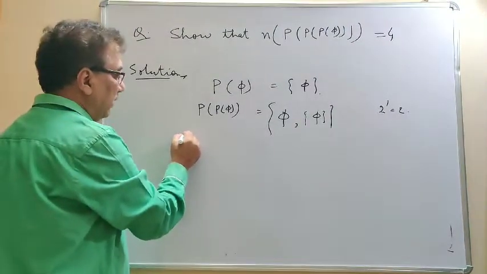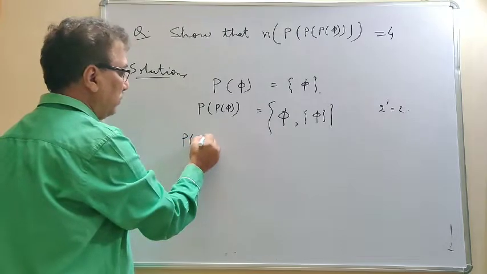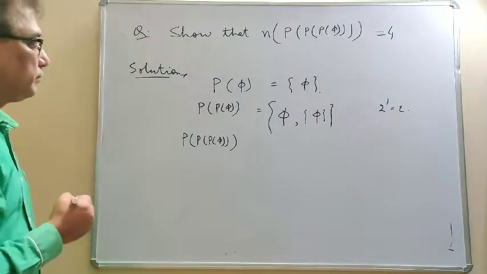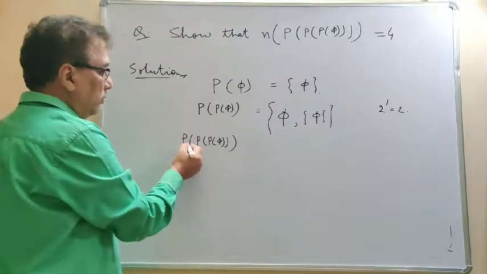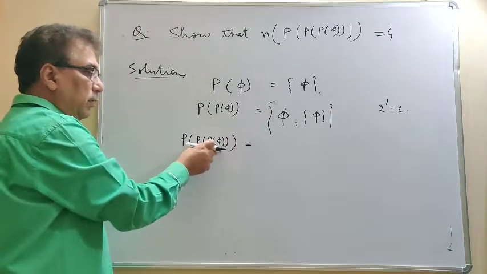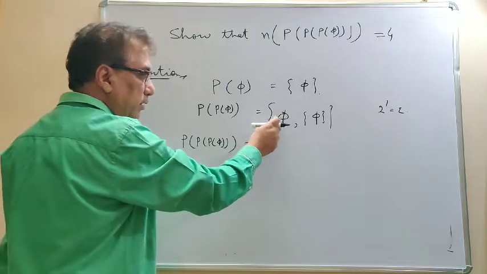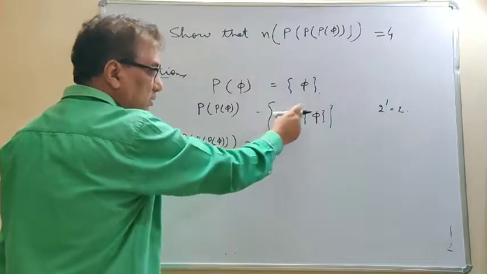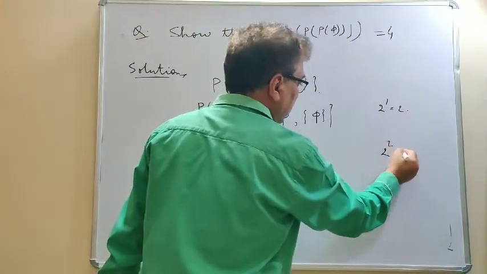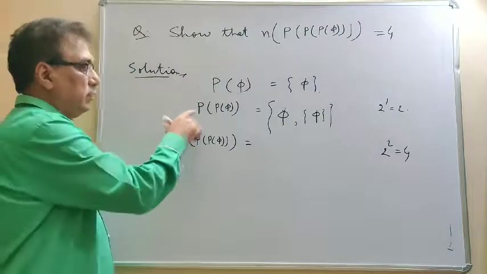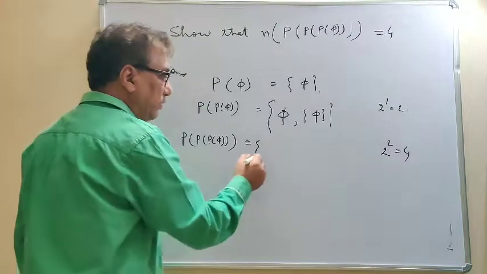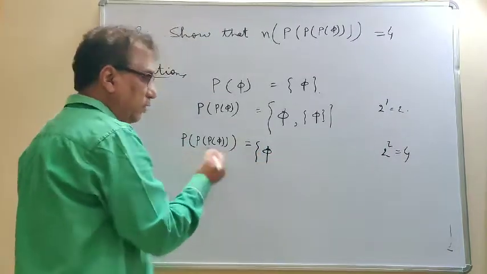Similarly, if I add one more power set here, so this is a set. This set will contain the subsets of this set. Now this has 2 elements, so number of subsets of power set of phi will be 4. And how to write those 4 elements? First it will be phi, because phi is subset of all sets.